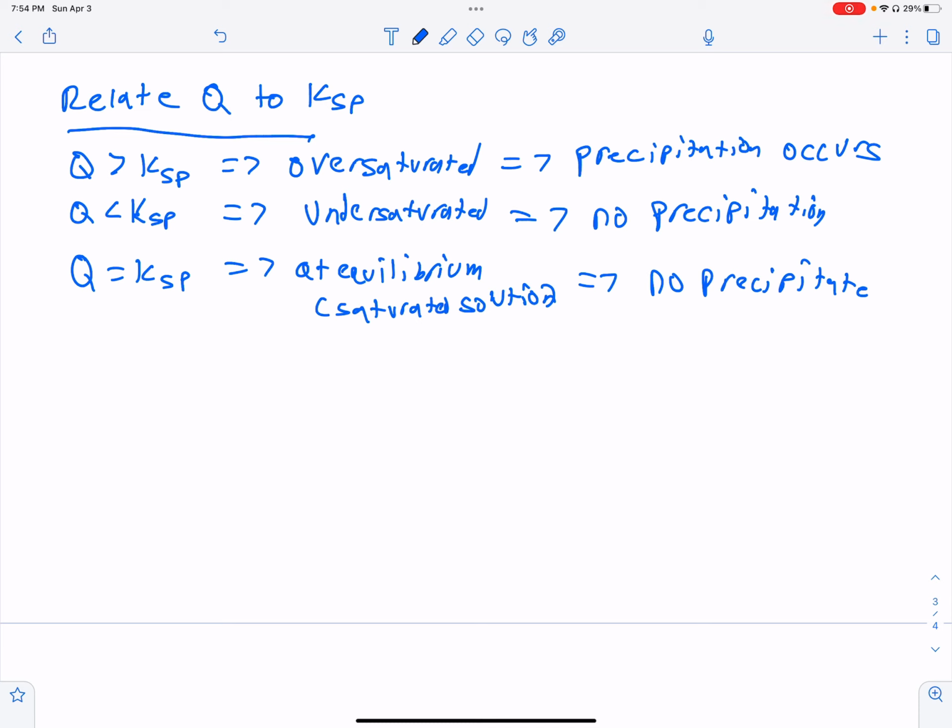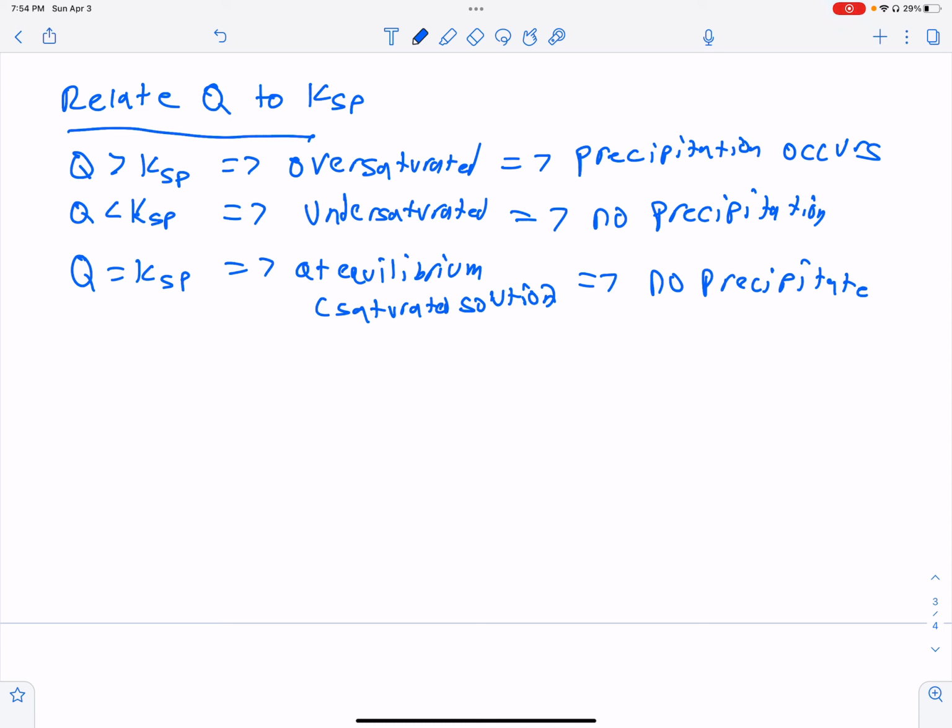So you can think of oversaturated, undersaturated, and saturated as the following. If I have a cup of salt water and I keep adding salt until it all dissolves, when it's all dissolved, that means that I have a saturated solution. I've dissolved the maximum amount of sodium chloride that would dissolve in this solution.